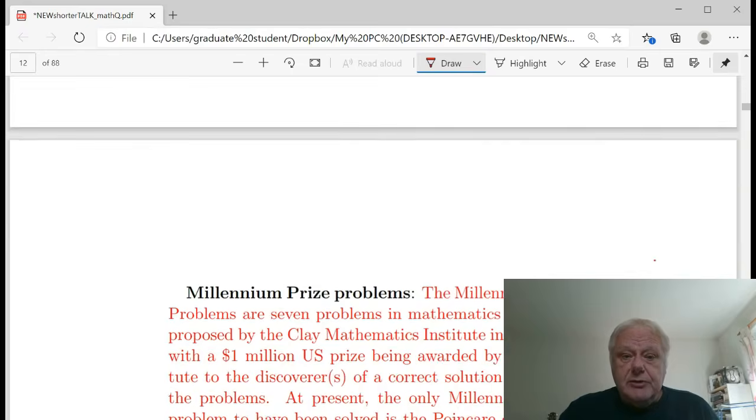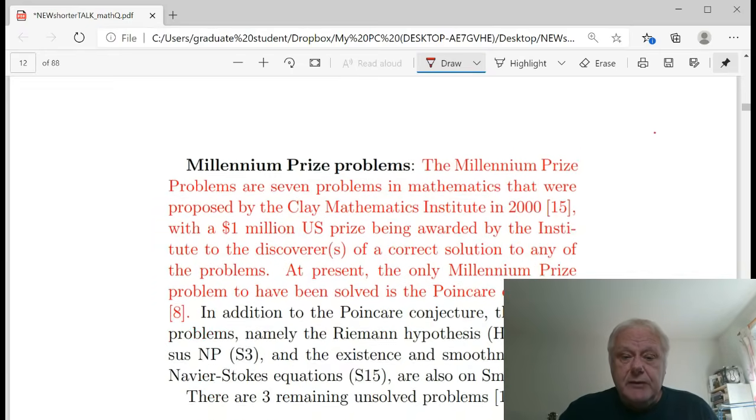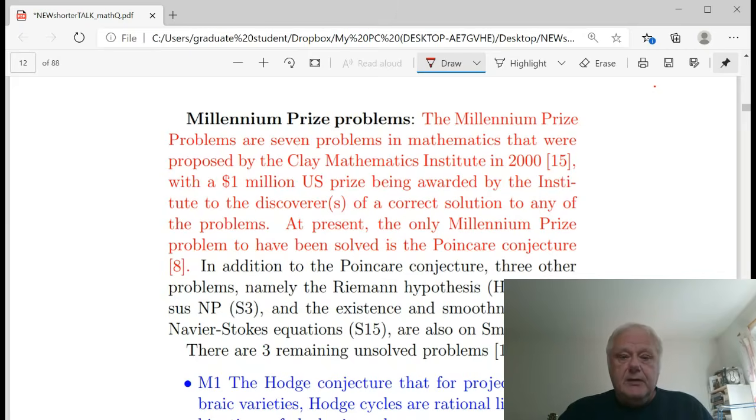Also, around the turn of the century, the millennium, the Clay Institute of Mathematics in 2000 presented seven important problems in mathematics, and also offered a prize of $1 million US.